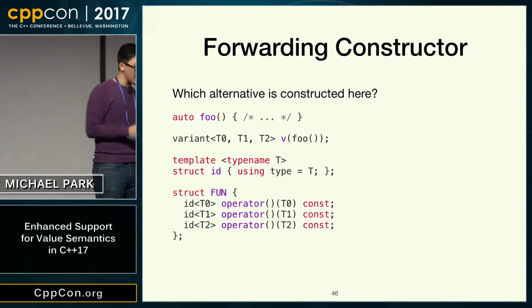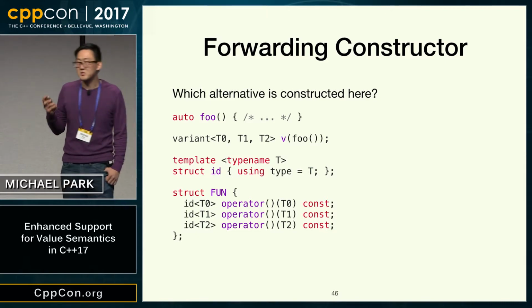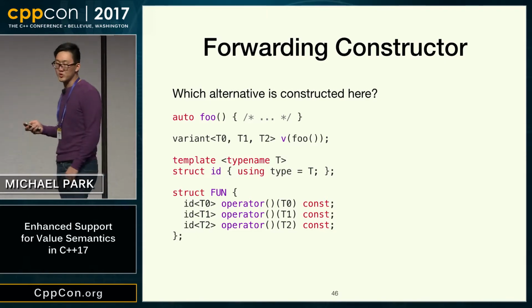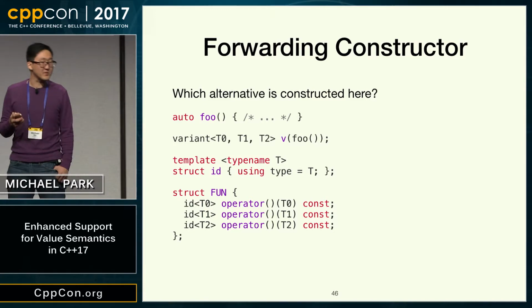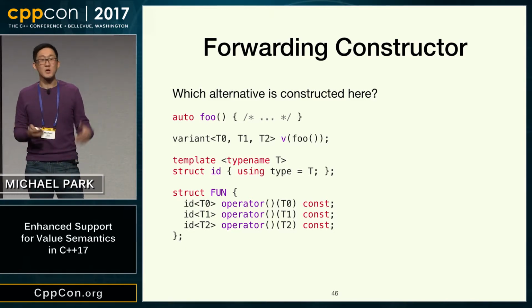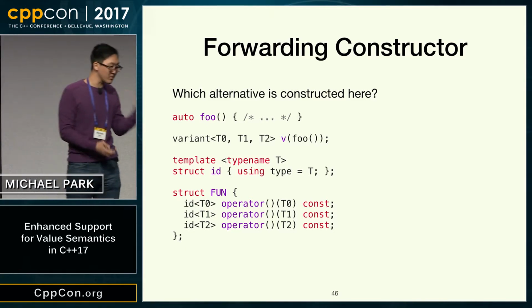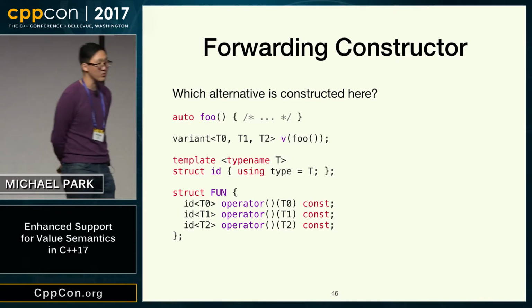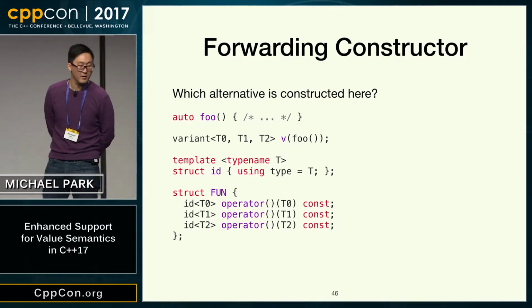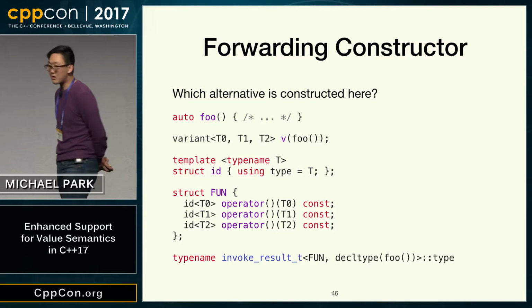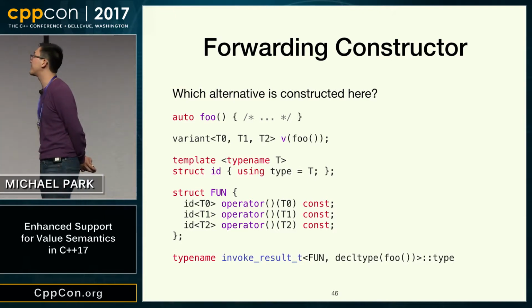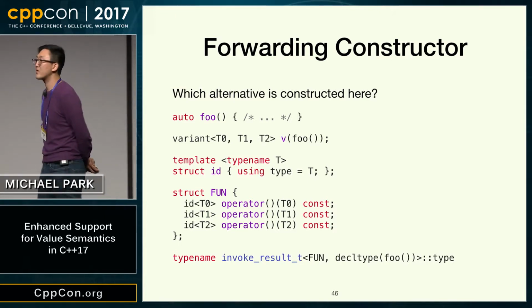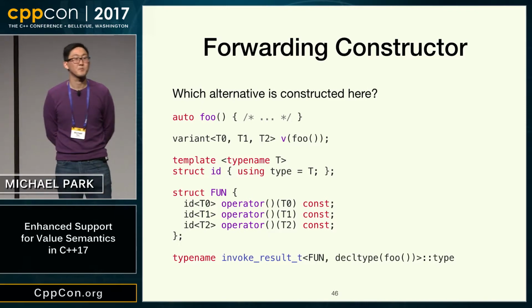We have some ID class here, which just saves the type and doesn't construct anything. We're going to have this fun class, which has operator overloads for T0, T1, and T2. And we're going to attempt to call this function with the result of foo. And whatever comes out is the winner.